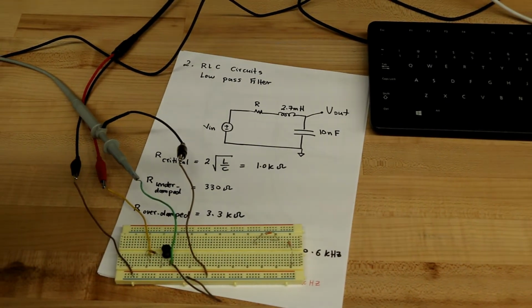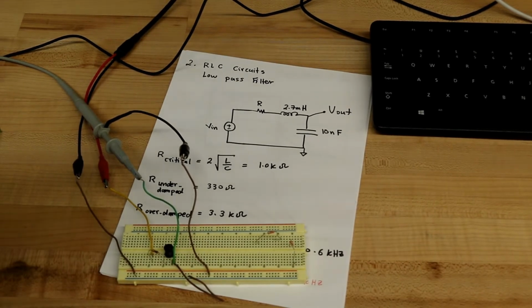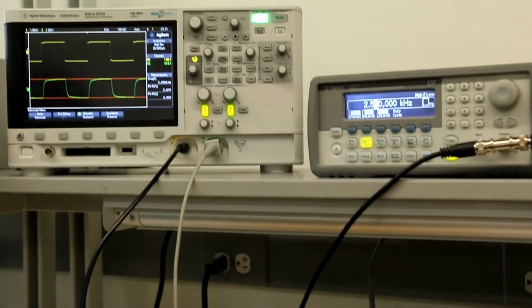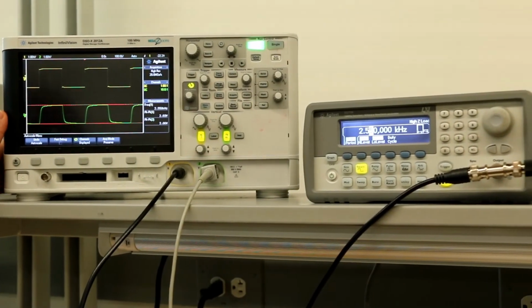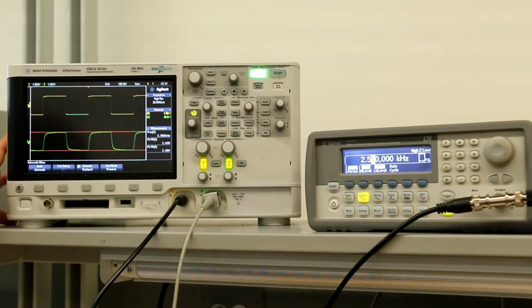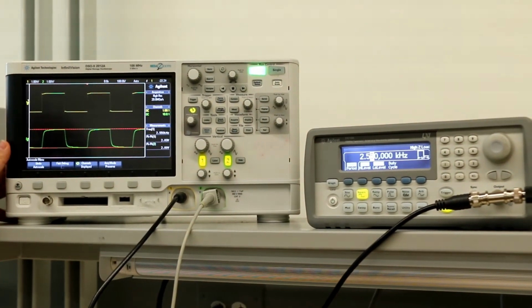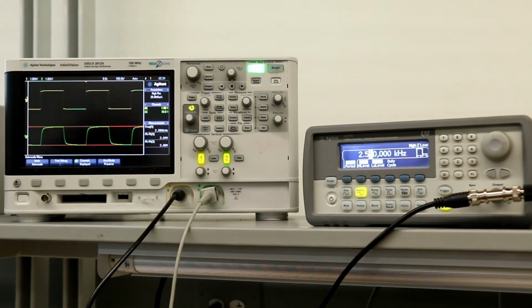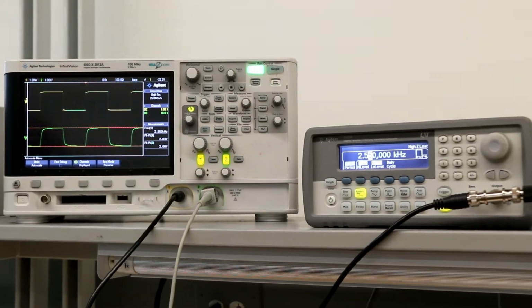Let's go back to 2.2 kilohertz. And here's the output for the critically damped, and it matches the purple waveform here, like what you got in the pre-lab.